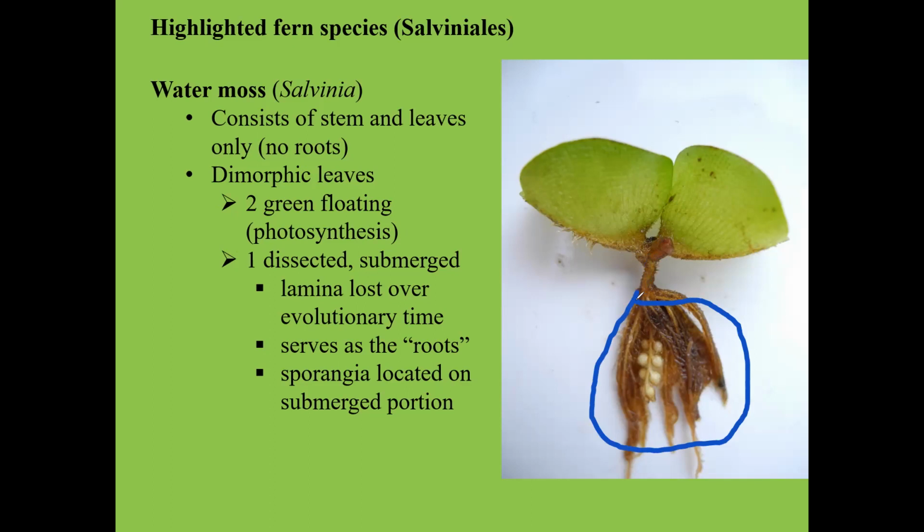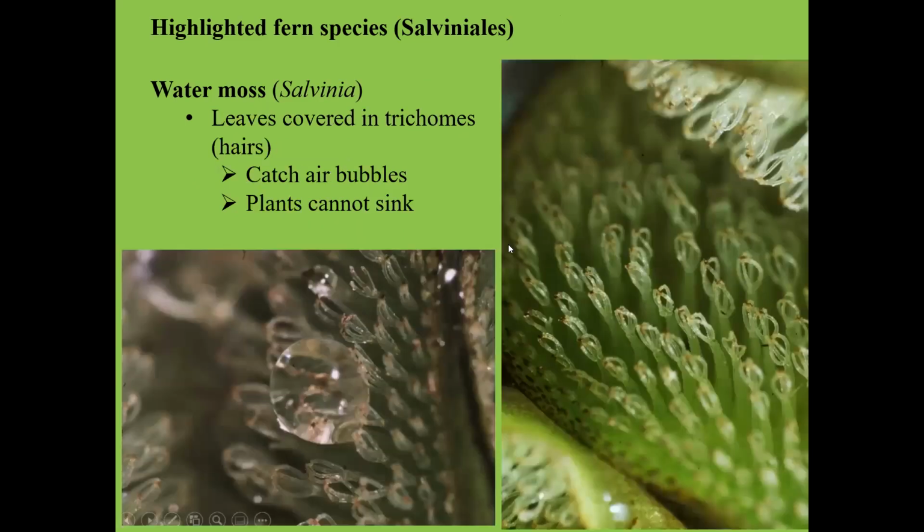And if you want to say, what does that do? You can kind of say, fine, it serves as, I guess, roots, but it is floating in water. And then this weird thing here is where the sporangia are located, and they're located on this weird dissected leaf. Super weird.